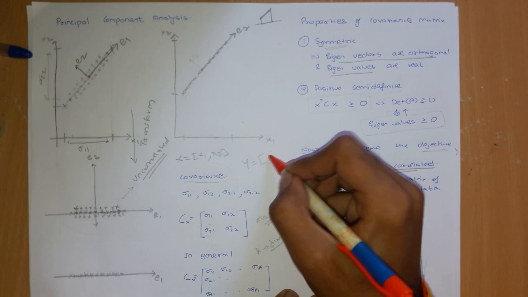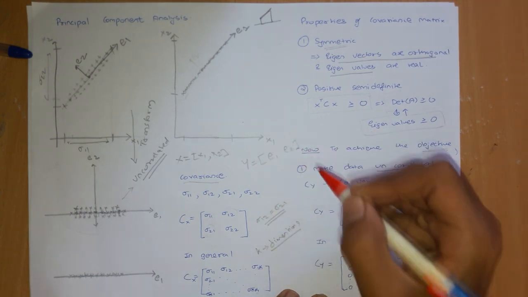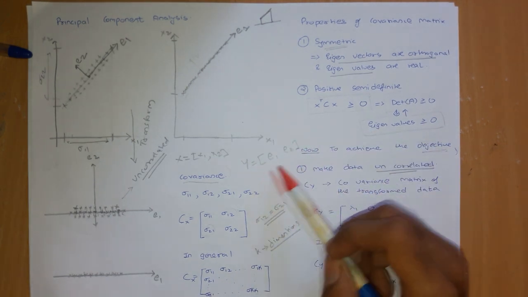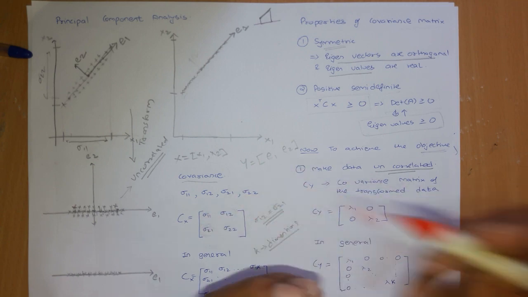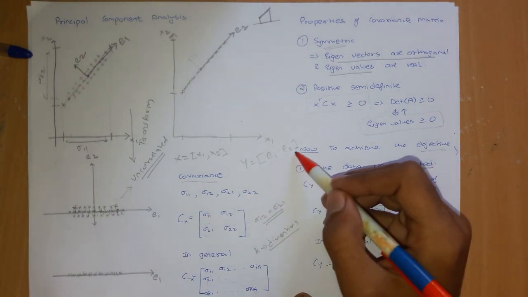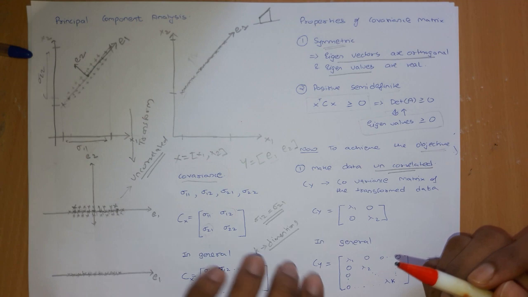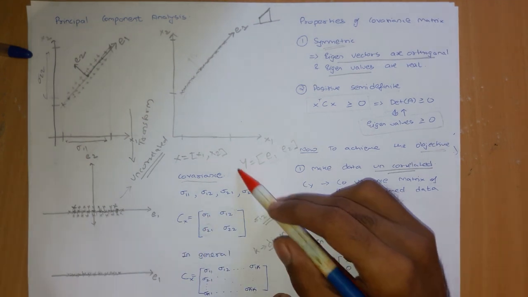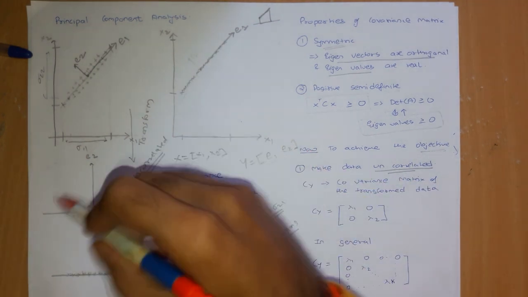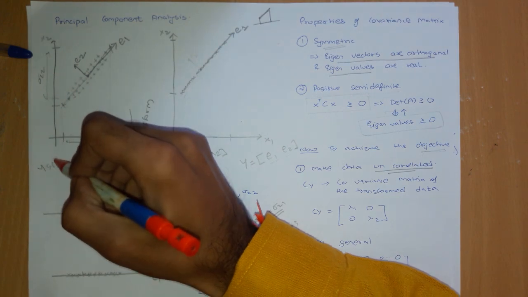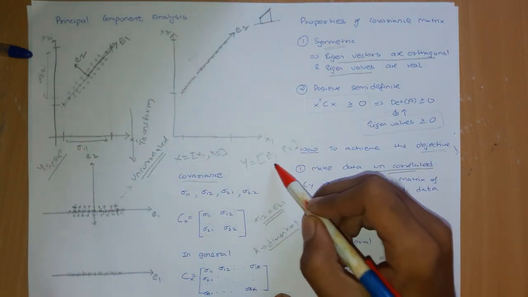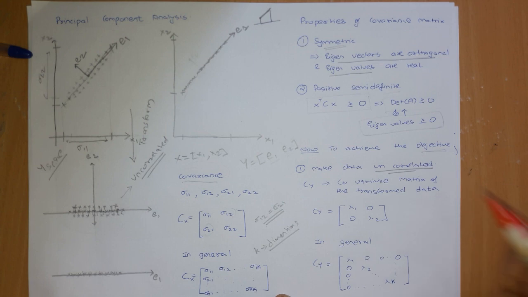The y space has some E1 and E2. For now, just take these notations. You will understand slowly why I have chosen E1 and E2 for this space. So let this space be a y space with vectors E1 and E2.